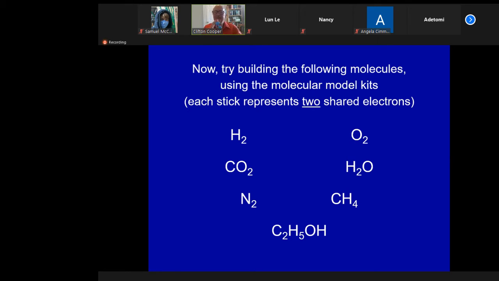There we are. 3 bonds in there. So how many shared electrons? 6. Each atom put 1 electron into each of these covalent bonds. So 2, 2, 2.